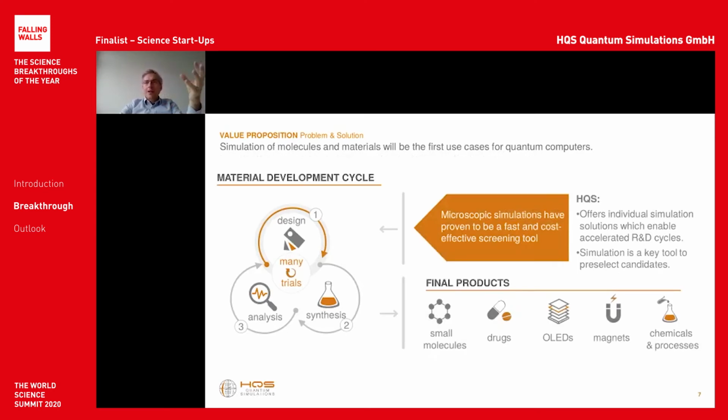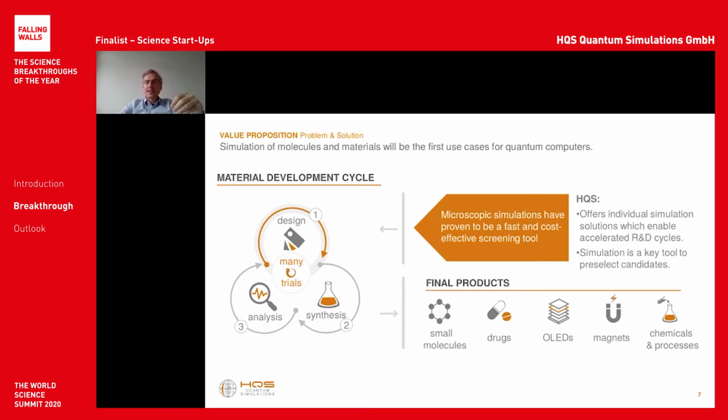Now, the area where you would want to have this type of simulation technology is in material development. Material development has 3 stages: design, synthesis, and analysis. And so first, you would make a guess of what kind of chemical structure you would need to have for your specific properties that you want to have in your end product. Then you synthesize it, and then you analyze it.